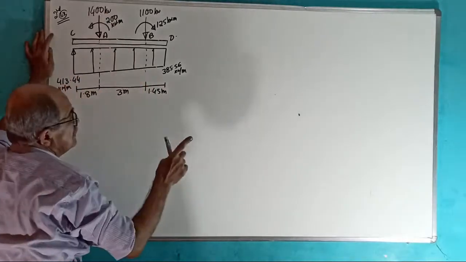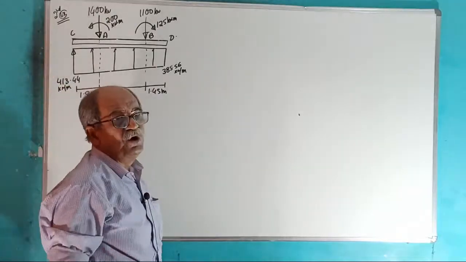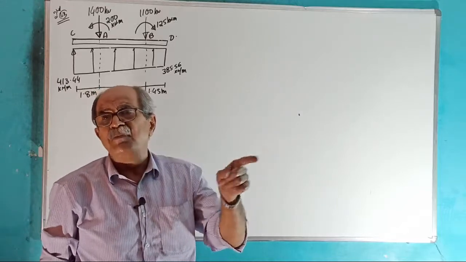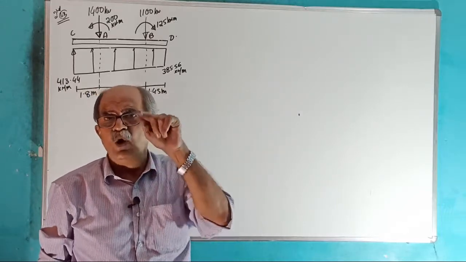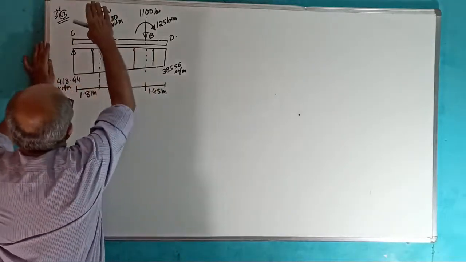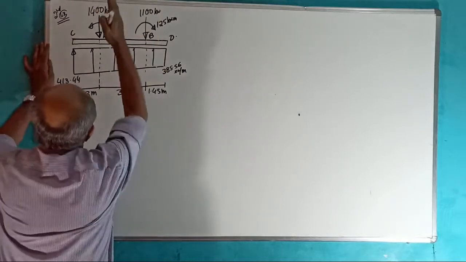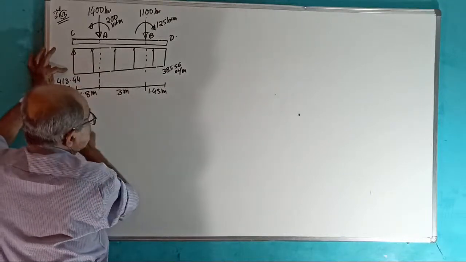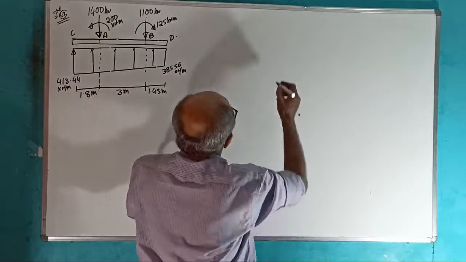If you take sigma V, it has to come 0. You find sigma M, it has to come 0. Then only is there equilibrium. This I told you last time. Sigma V, upward positive: minus 1400, minus 1100, plus the sum of these two divided by 2 into 6.25. Tell the answer fast.